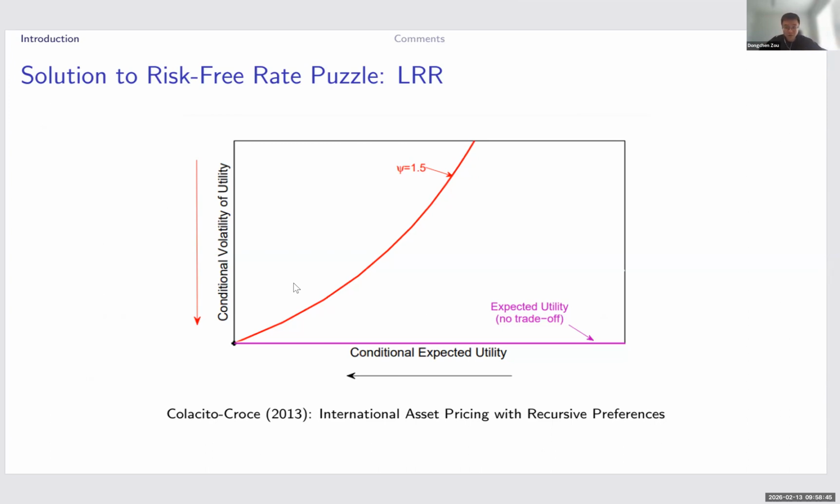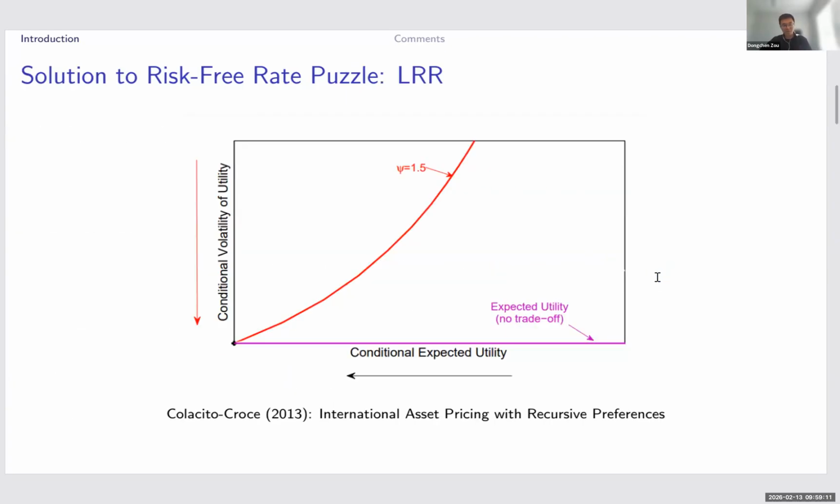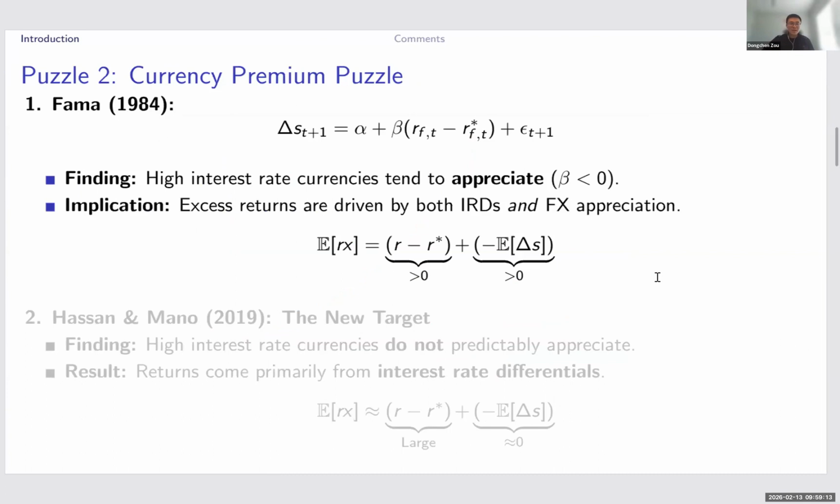So you have this early resolution of uncertainty. You want to balance your budget so you don't have volatility in consumption. But that's good news for you because you have recursive preferences. By doing so, you don't have to save as much. So indeed, you have these countervailing forces, which lower your savings on average, but at the same time, the risk-free rate is going to be lower because of the bad news.